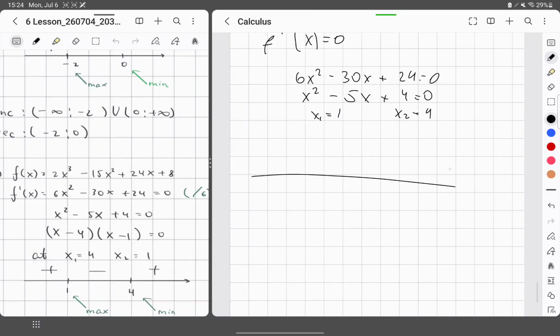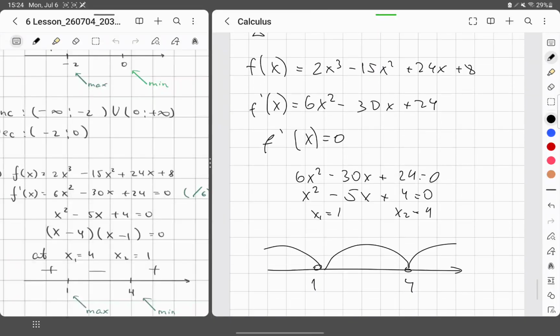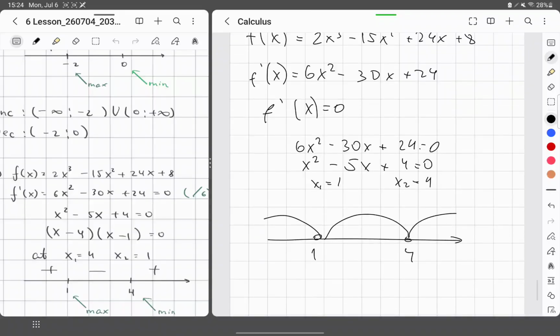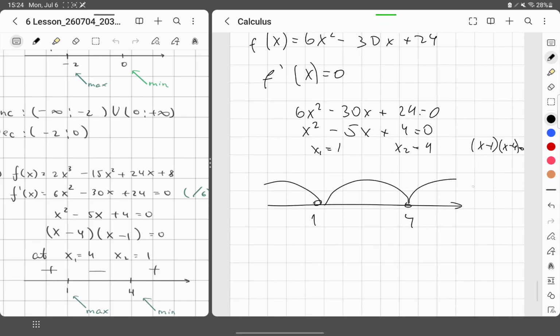What are our roots? 1 and 4. So it will be (x minus 1)(x minus 4) equals 0.